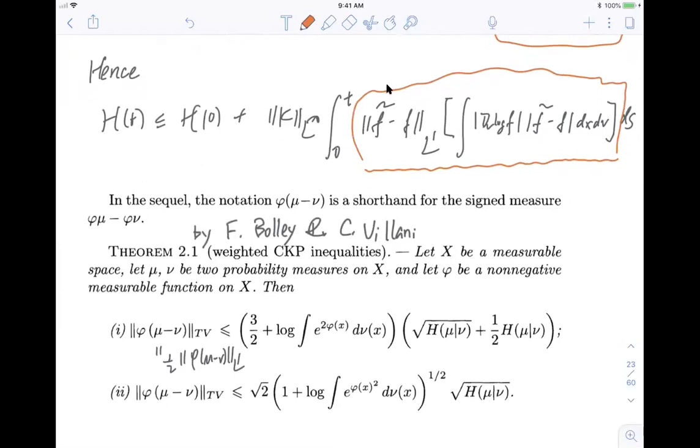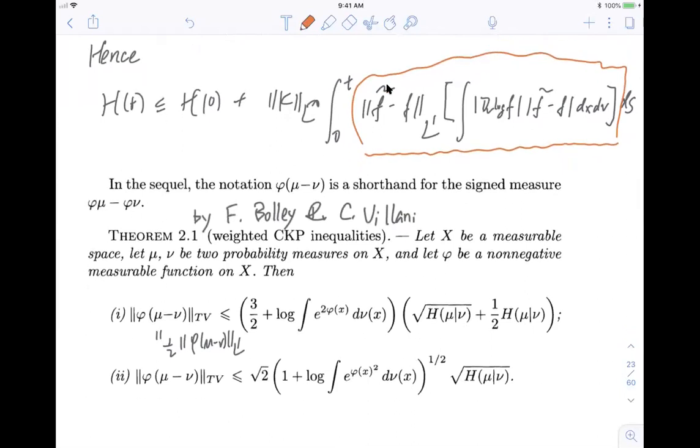So if we ignore everything, for instance, we have the following. If you know the Csiszar-Kullback-Pinsker inequality, so you have two densities, let's say F and F tilde. This is well known.